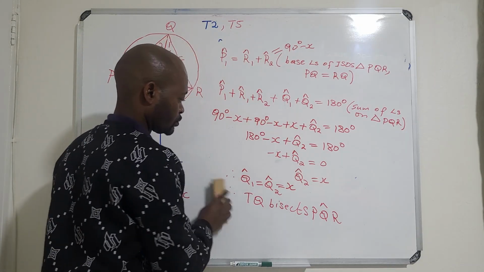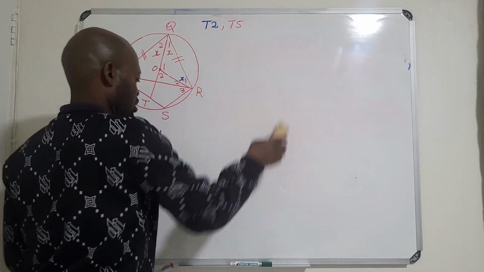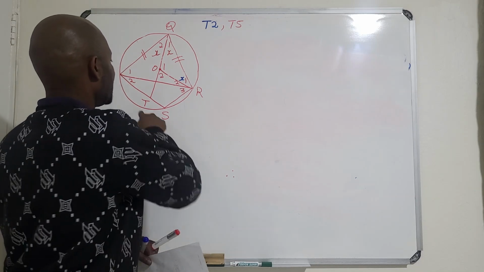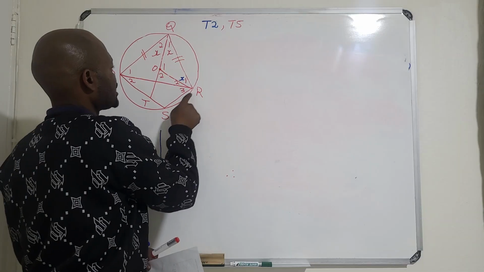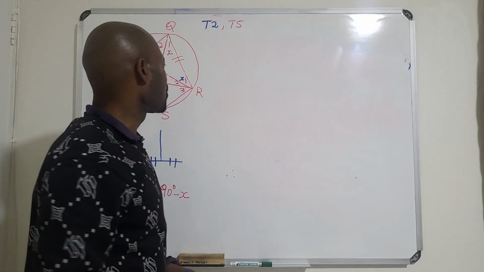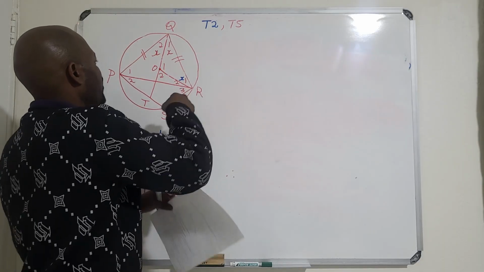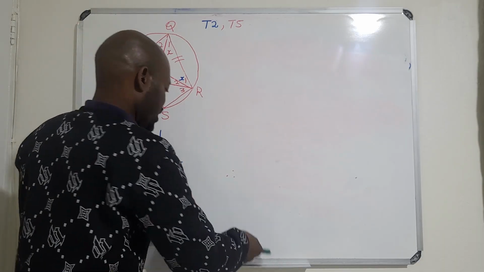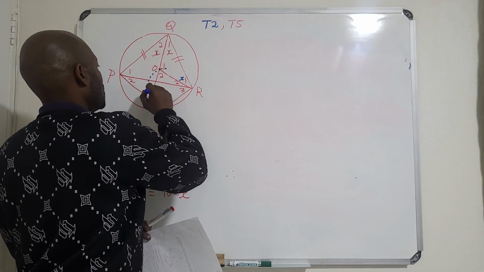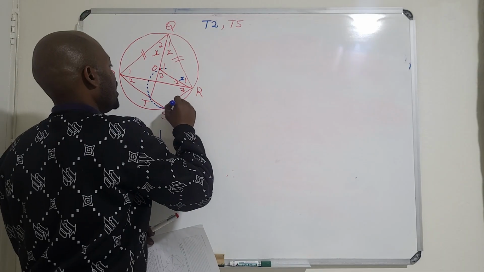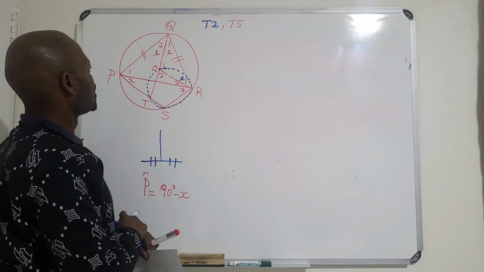Now, we are told to prove that TSRO is a cyclic quadrilateral. But obviously, we might have an imaginary circle somewhere there. There is my circle.